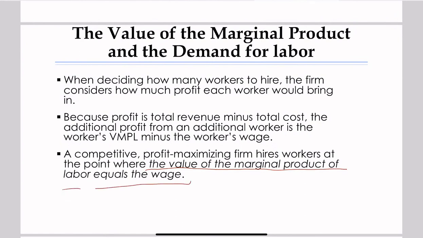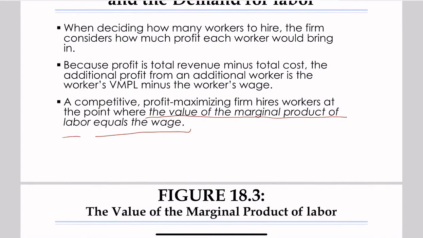That is, the profit maximization condition for a firm is VMP equals W. Again, wage equals value of marginal product. And you can see that this is actually, again, easy to understand.